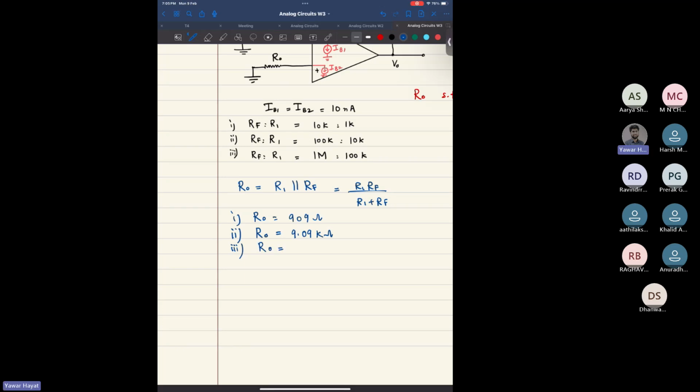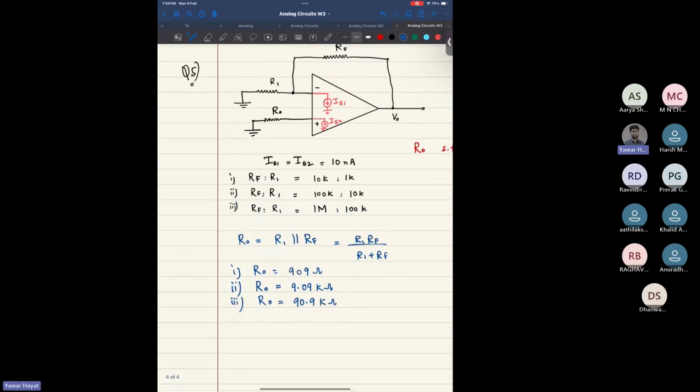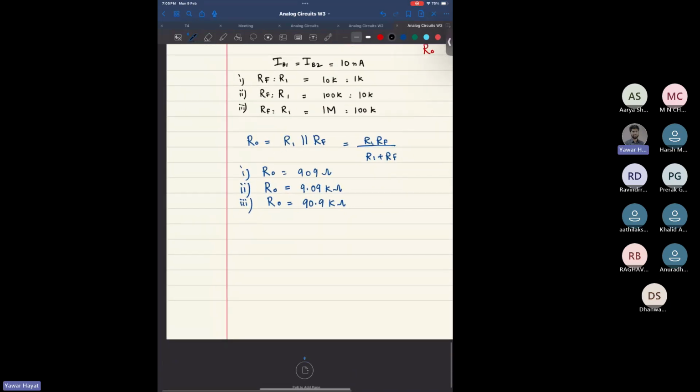It would be 1 mega times 100 kilo divided by 1 mega plus 100 kilo. That is how much? That is 90.9 kilo ohm. Okay, these are the answers, and then we have, let's take another question quickly.